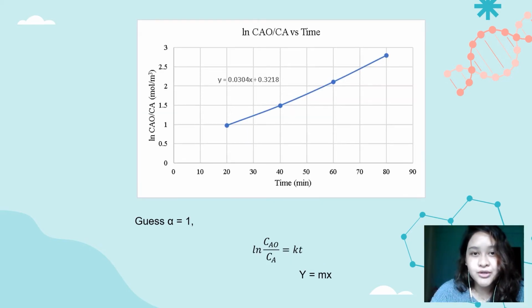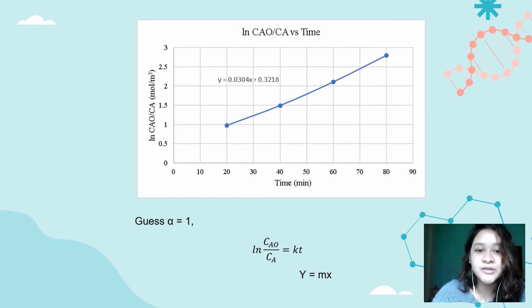As for the first order reaction, we use ln CA naught over CA equals kt, where y is ln CA naught over CA and x is time. In this case, we guess the alpha value is 1, and from the plotted graph, ln CA naught over CA versus time, we can see it is linear. Thus, it is proven to be a first order reaction.